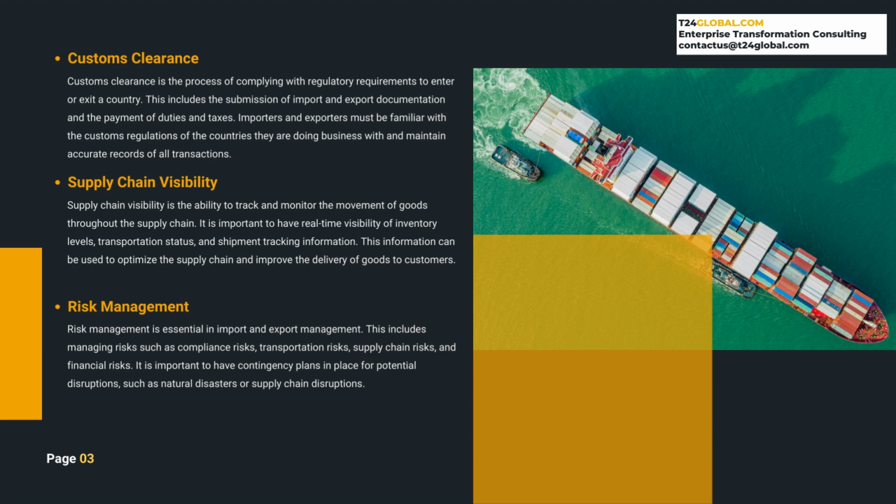4. Supply chain visibility is the ability to track and monitor the movement of goods throughout the supply chain. It is important to have real-time visibility of inventory levels, transportation status, and shipment tracking information. This information can be used to optimize the supply chain and improve the delivery of goods to customers.